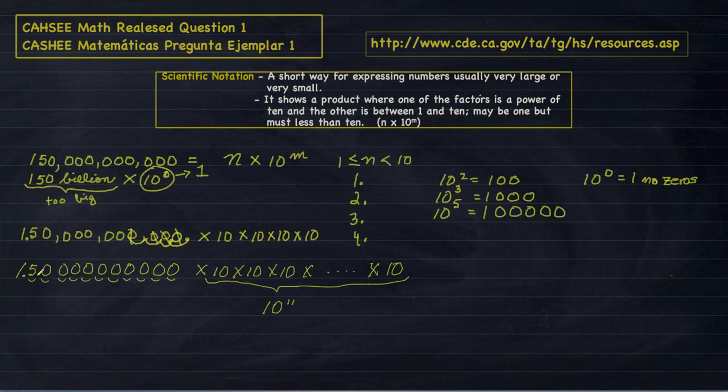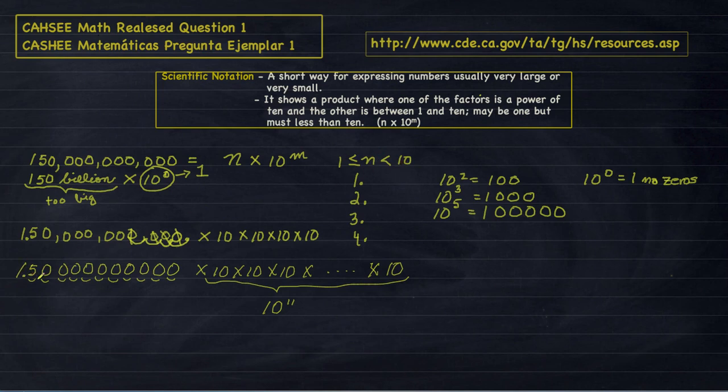If I were to move the point before the 5, then I would end up with 15. And remember, 15 is bigger than 10, so that would not be any good. If I were to move the point on the other side of the 1, on the left side of the 1, then I would end up with 0.15, which would be 15 hundredths. 15 hundredths is not even 1 whole, so it would not be in this range.